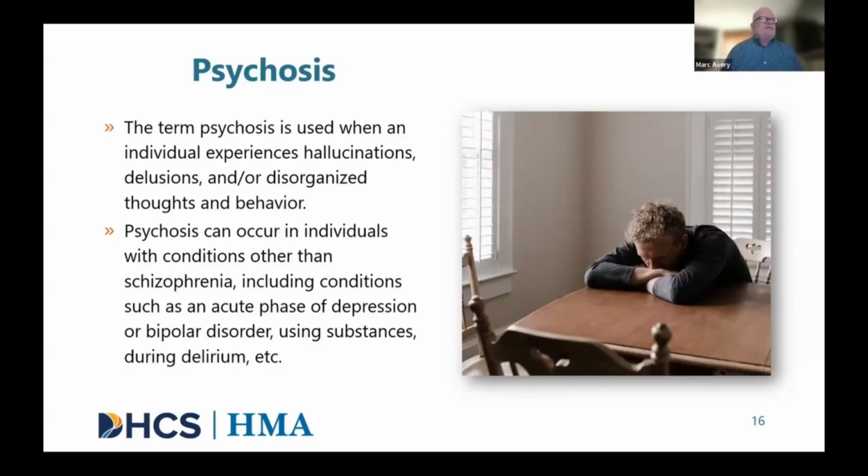So what does that term psychosis even mean? Well, psychosis itself is not actually a diagnosis, but instead refers to a cluster of symptoms, including those that we just covered: hallucinations, delusions, and disorganized thinking. Psychosis can occur in many different diagnoses, not just the schizophrenia spectrum disorders.